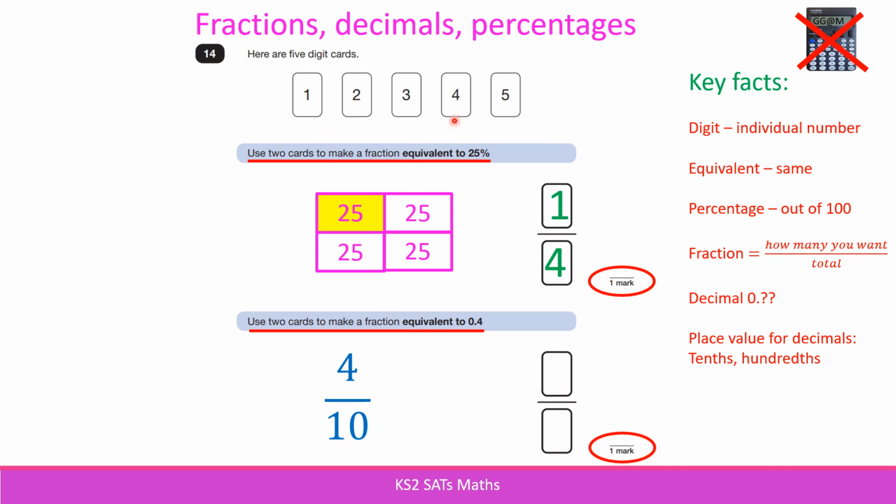There is no 10 up here, so we have to cancel this fraction down to find an equivalent fraction. Both these numbers are even, which means they're both in the 2 times table. So that means we can halve both of the numbers. So half of 4 is 2, half of 10 is 5. So my equivalent fraction is 2 over 5 using these values here. Give yourself a big tick if you got that correct. Well done.